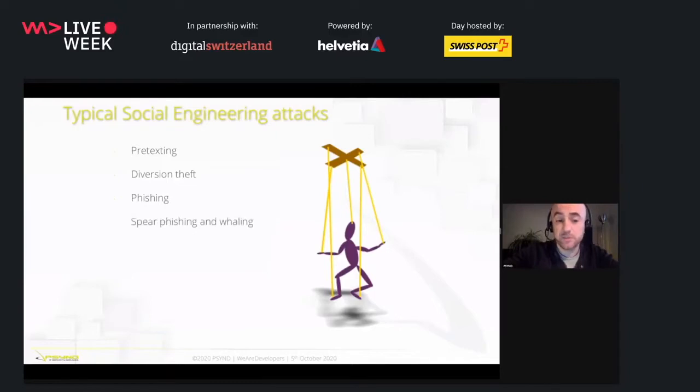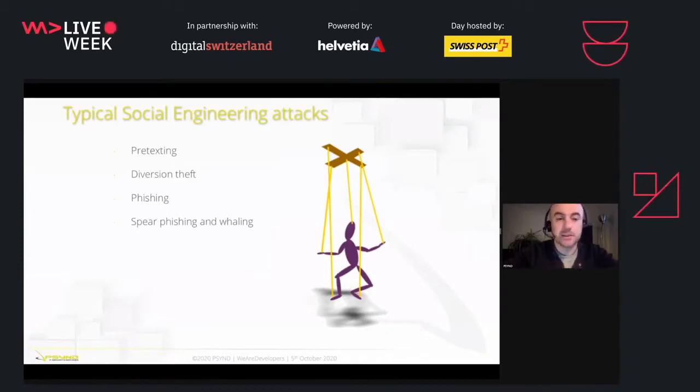On the other side, we have spear phishing or whaling. Spear phishing is a technique where we really target a person and we want to go exactly in one direction. For example, this could be done against an IT administrator, or somebody close to a person that has specific knowledge or specific access rights. And we have whaling.